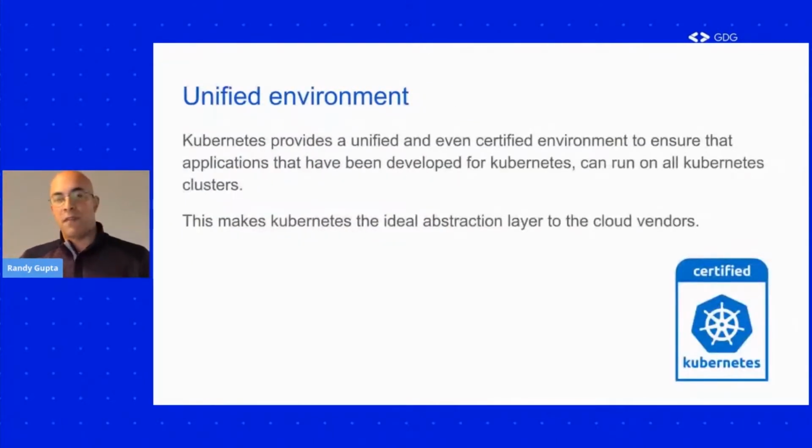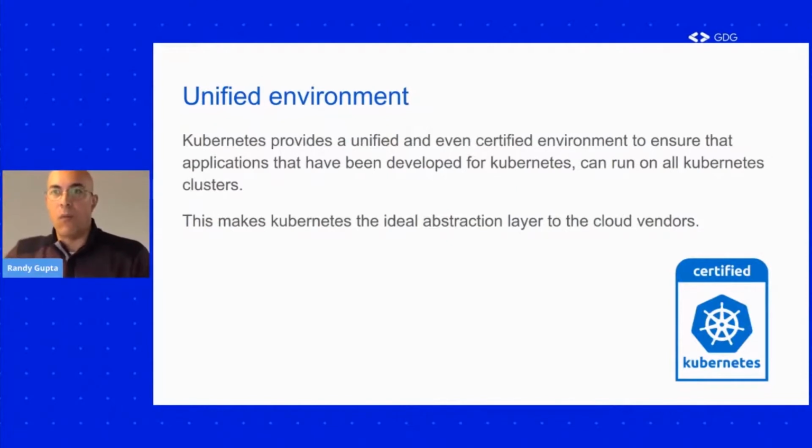So I have said Kubernetes is a unified environment. Although you can run Kubernetes on pretty much every device, even on embedded devices like Raspberry Pis, you need to be sure, if you develop software for an environment, that you don't have to take care of where that is running.